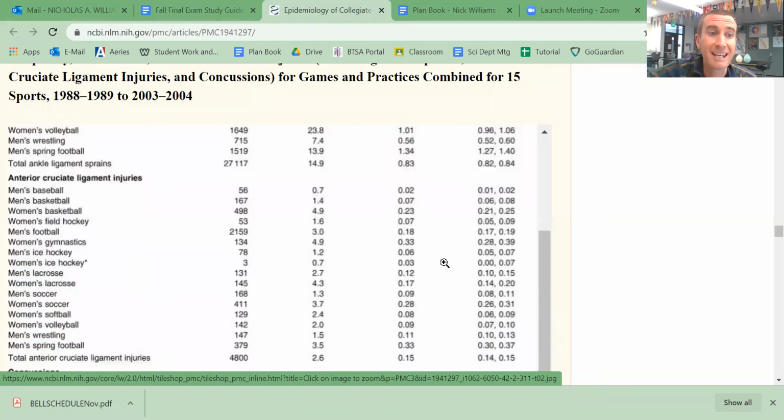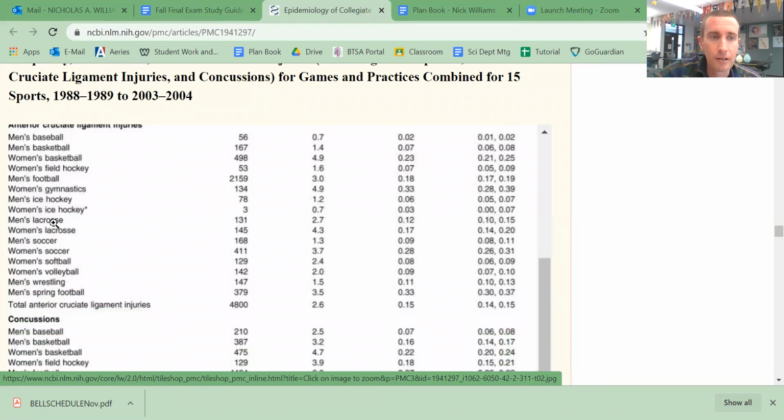Let's go down and look at knee injuries. Again, I'm going to look at lacrosse and soccer. Again, men's and women's for ankles didn't seem to make much of a difference. I see very few ACL injuries, many fewer ACL injuries than ankle injuries, right? 0.12, 0.17, 0.09, 0.28. So the one that really stands out there is that women's ACL injuries are at a rate that's like 3 times as much as men's soccer.